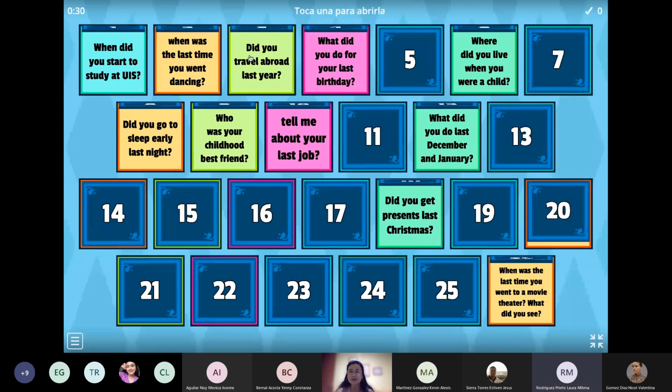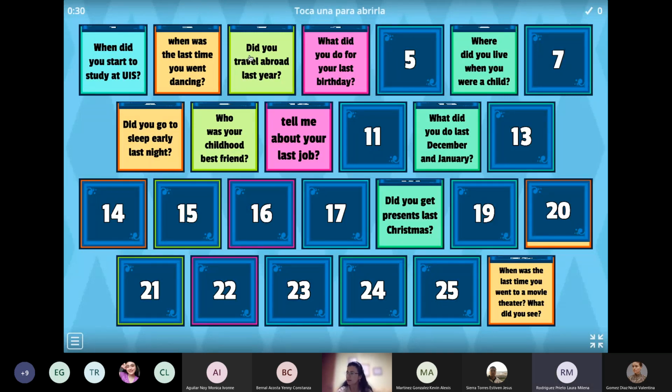Before the pandemic, so maybe a year ago or more, like 16 months ago. You say last year in March. When was the last time you went dancing? Laura, you say, I went dancing last year in March. Repeat.